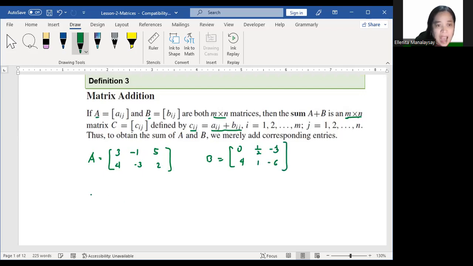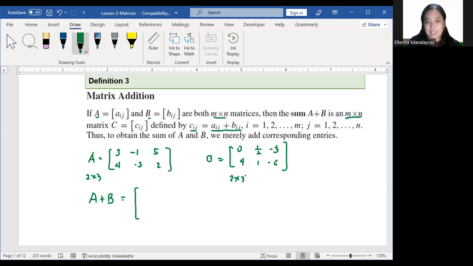Now, if we're adding matrix A and matrix B, and if we want to get the sum of these two matrices, it's possible because first, they have the same number of rows and the same number of columns. This is a 2 by 3. This is a 2 by 3.